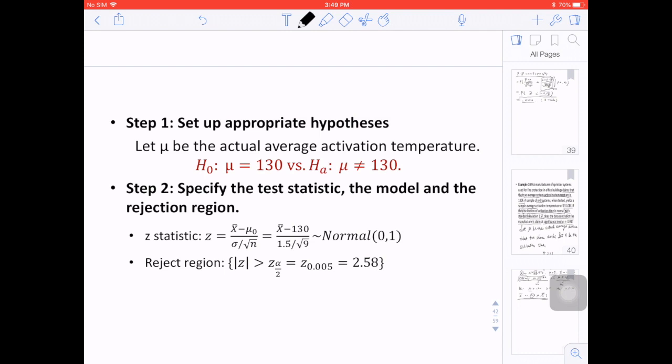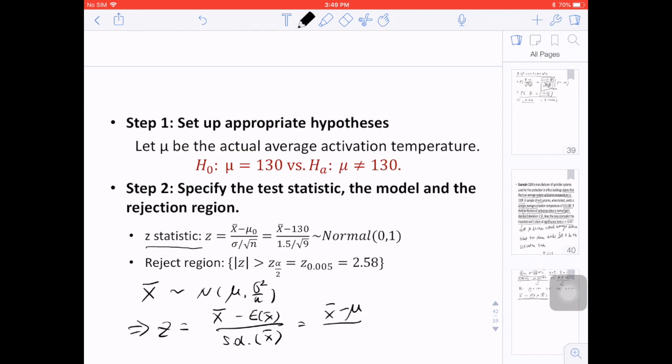find the z statistic, because we know that x follows a normal distribution. So we have z equal to x bar minus the expectation divided by the standard deviation, so x bar minus mu divided by sigma over square root of n, which follows a normal distribution.